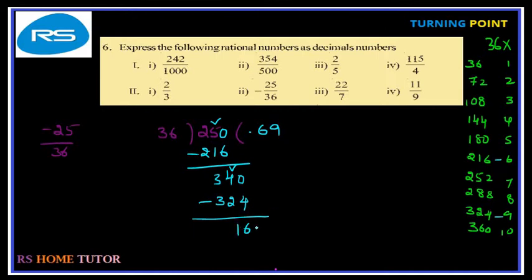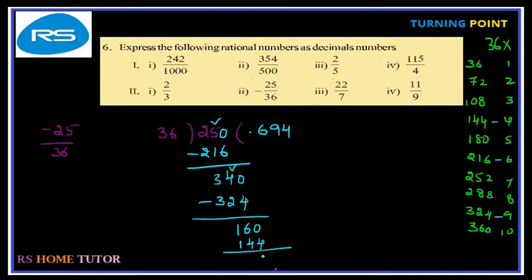16. I can take 0 as default. 160. It is nearer to 144, and it will go in the 4 table. 36 4s are 144.